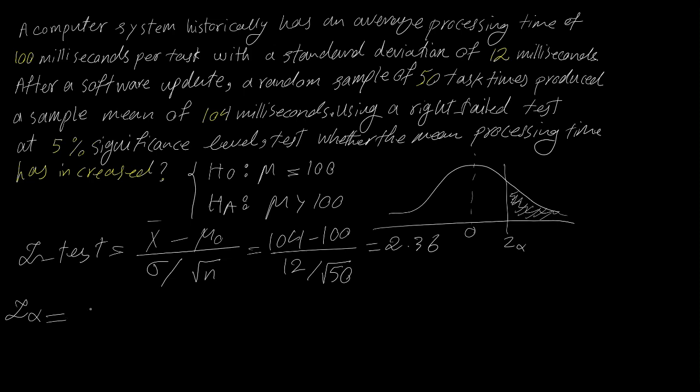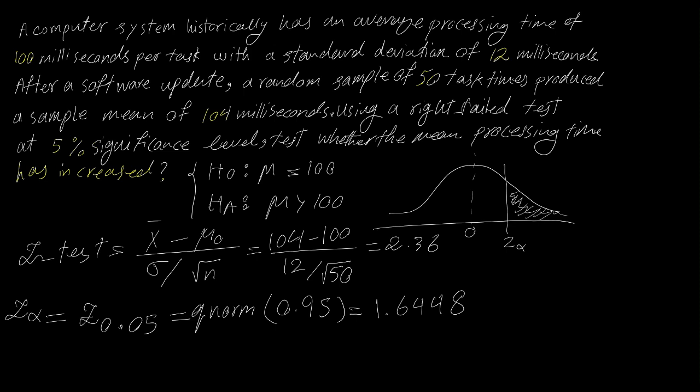Alpha is 5%, so I need z of 5%. We can compute it by qnorm of 0.95. This value is 1.64 almost. If I keep two decimal places, it's just 1.64.